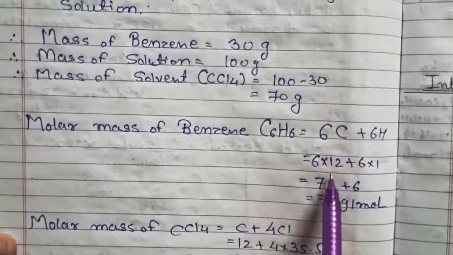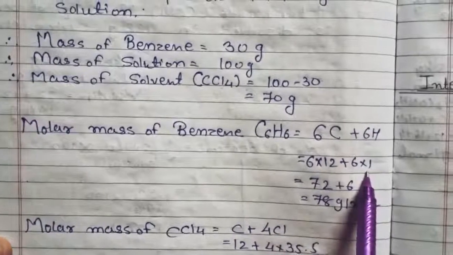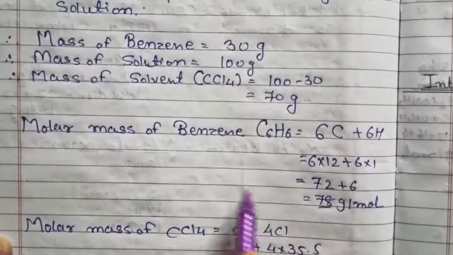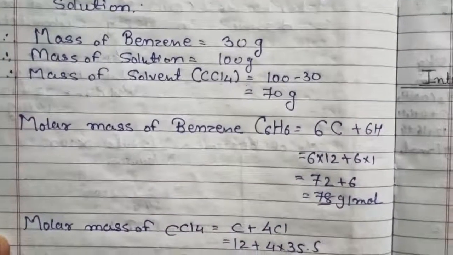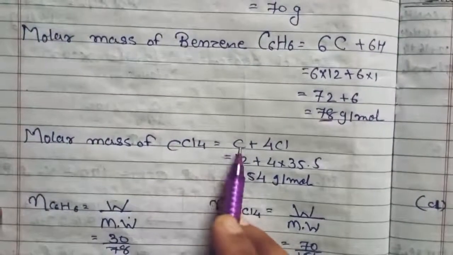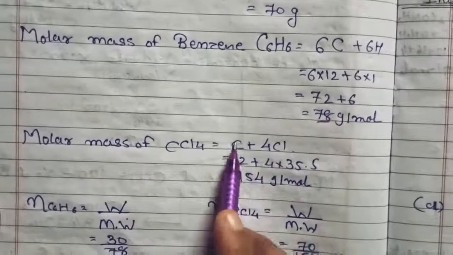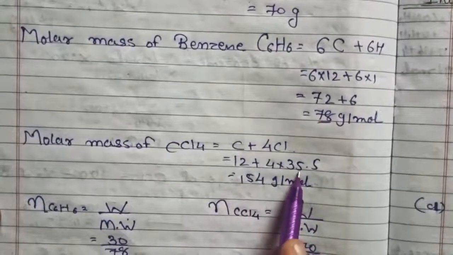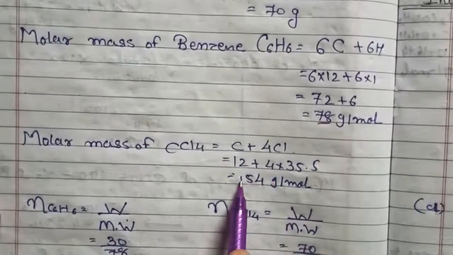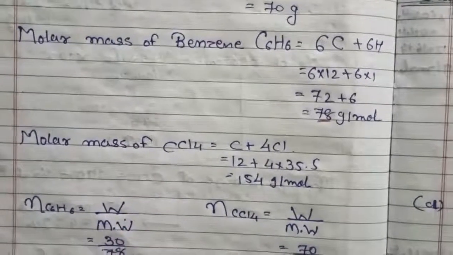One carbon having mass 12, multiply by 6, plus 1 hydrogen having mass 1, multiply by 6. So you will get 78 as the molar mass of benzene. Now the molar mass of CCl4 will be mass of carbon plus mass of 4 chlorine. Mass of 1 carbon is 12 plus mass of 1 chlorine is 35.5, multiply by 4, you will get 154 gram per mole, which is the molar mass of carbon tetrachloride.